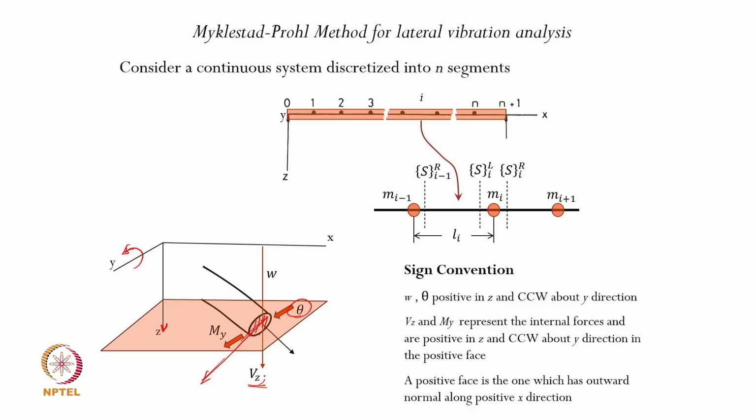The shear force and bending moment, mind you, are given these subscripts to distinguish them from the similar forces if the beam bends in the horizontal plane. In general this entire method can be extended for the vibrations in both the directions, in both the planes. So upfront one may include these subscripts to not confuse us when we deal with the combined vibration in the horizontal and vertical plane.